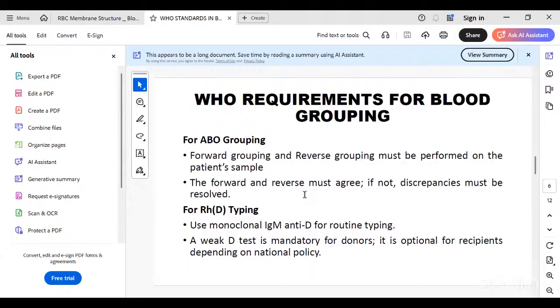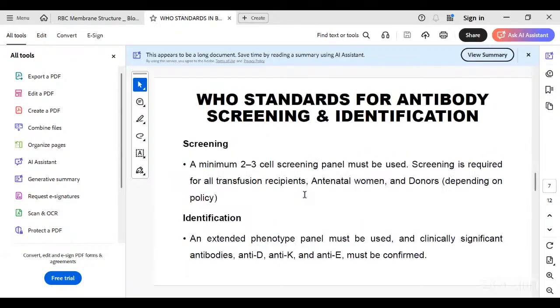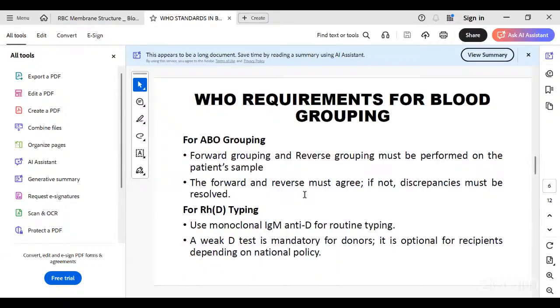Now, for rhesus D typing, the use of monoclonal IgM anti-D for rhesus D is our usual typing. But for weak D typing, weak D is the same thing as Du anyway. It is mandatory for all donors. It is optional for recipients, depending on the policy of the institution in which we work. For typing with weak D, you are not supposed to use the regular anti-D.